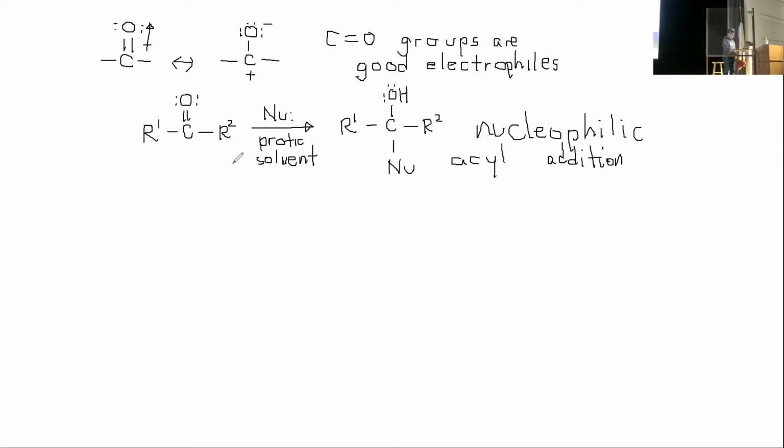All of the reactions we're going to look at today and a few on Monday as well fall into this category of nucleophilic acyl addition. Now that we've given the definitions of all three of those words, I think you can see that this makes sense. Remember, an addition reaction is when two or more things come together to make one big one. And that's exactly what's happening here.